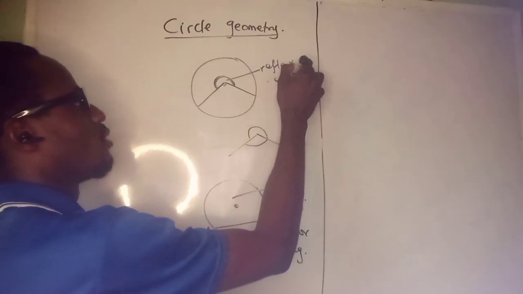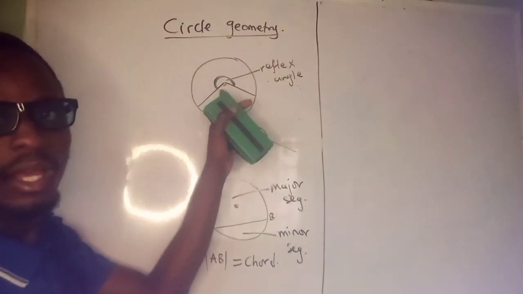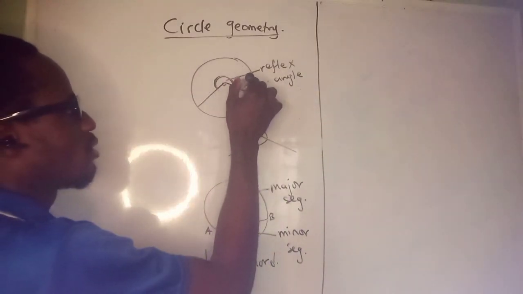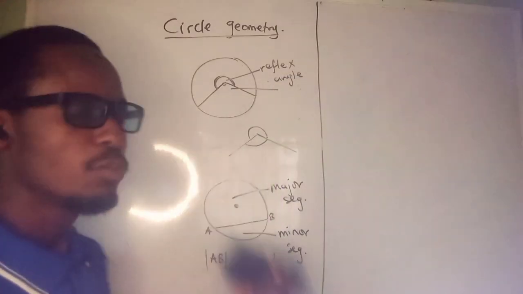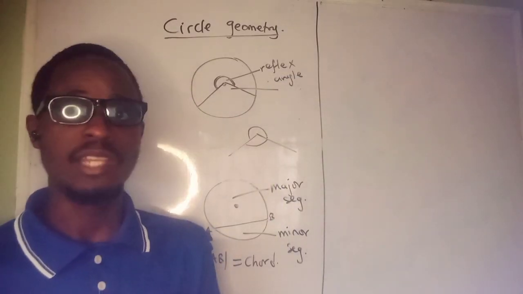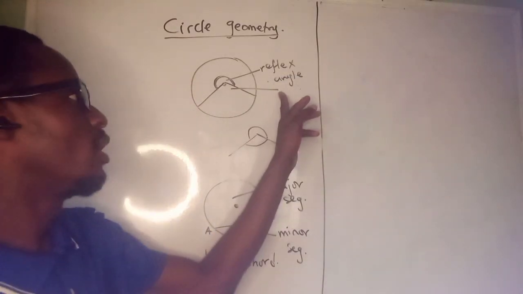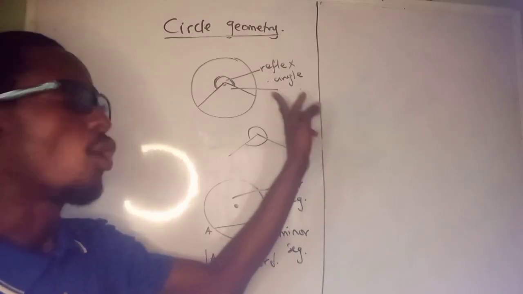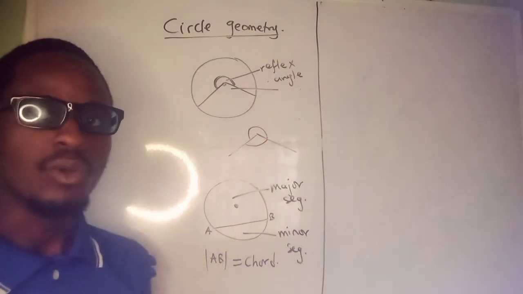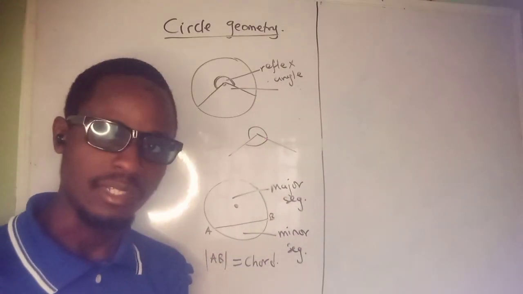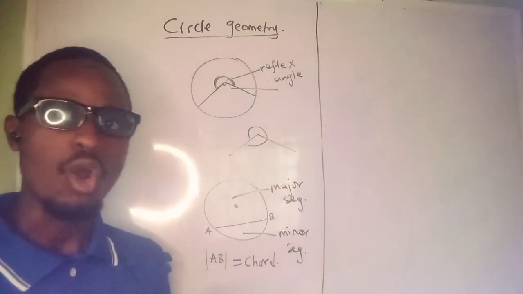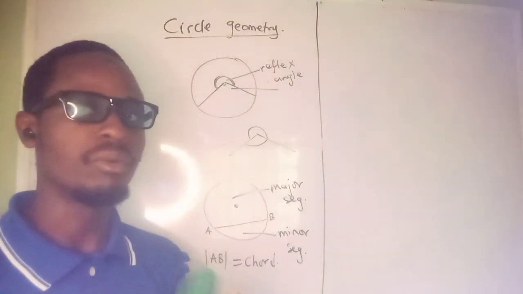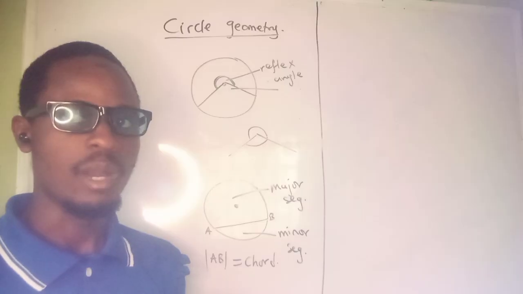A reflex angle at the center here, and at the same time you have an angle smaller than 180, and the angle smaller than 180 could also be less than 90. So you can either have an obtuse angle here or an acute angle. Acute angles are less than 90. Meanwhile, obtuse angles are greater than 90 but less than 180. Are we getting it?